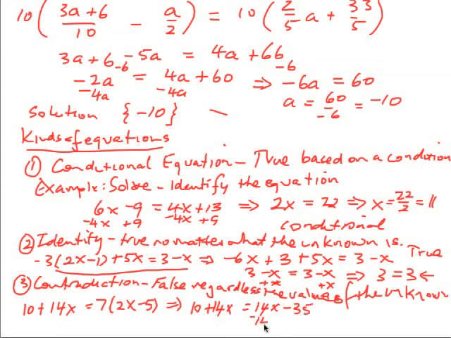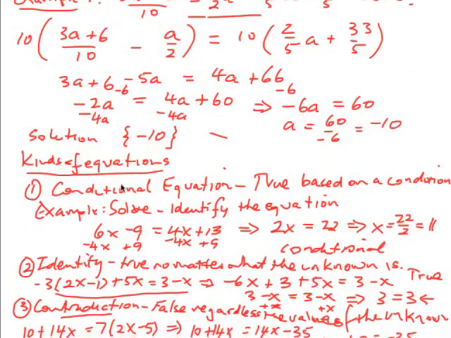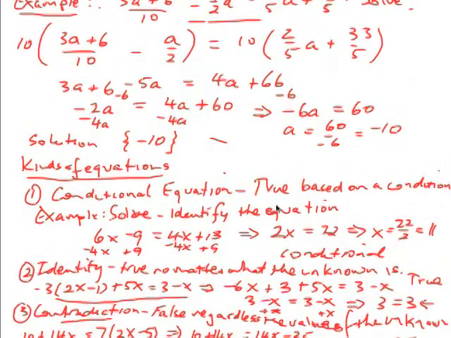If I subtract 14x from both sides, this is going to imply that 10 is equal to negative 35, which is false regardless of what x is. It's always false, and so this would be a contradiction. So these are the three different kinds of equations that we should be able to identify.